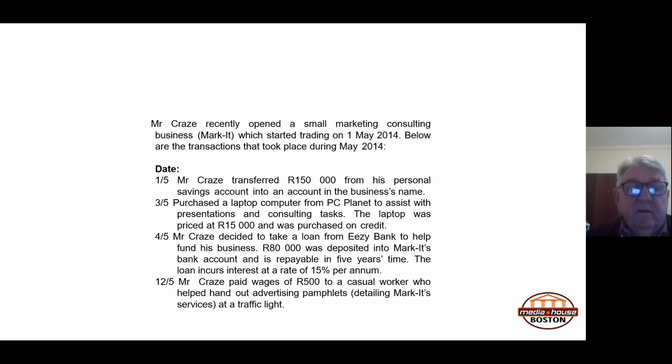Okay, let's have a look at the next transaction. Mr. Craze paid wages of 500 Rand to a casual worker who helped hand out advertising pamphlets at a traffic light. What is the transaction? We took money from our bank account, which means we are reducing our assets. Okay, where did it go to? We paid an expense.